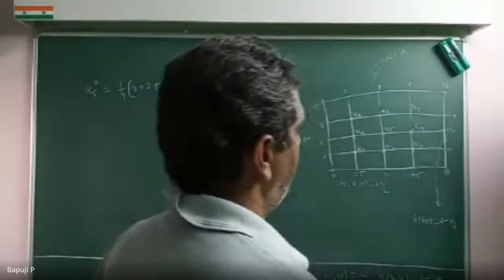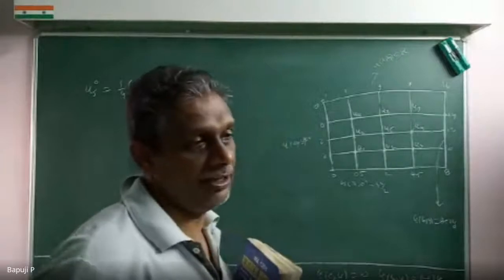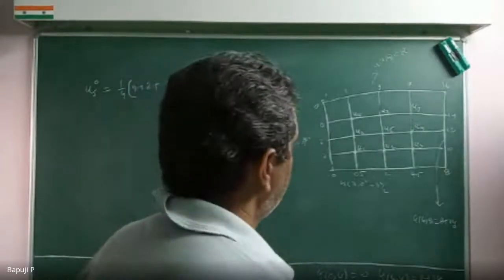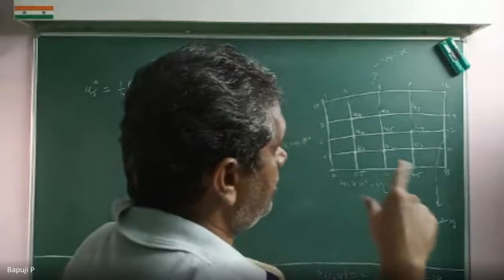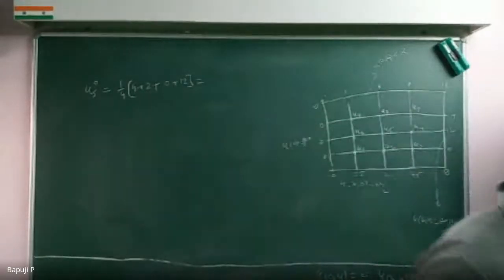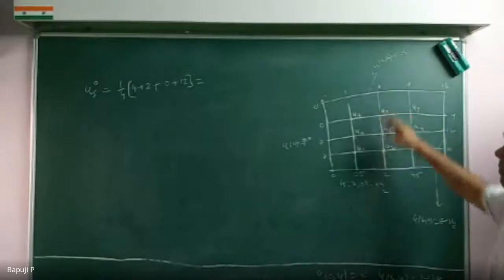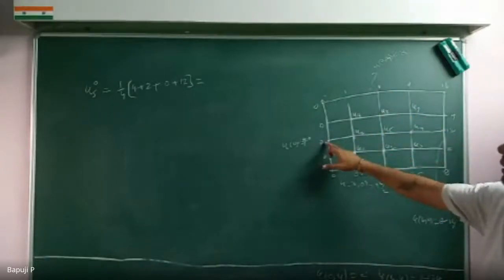Yes. First, one by one, I want to find the values using the standard 5-point formula or the diagonal 5-point formula. Suppose I know the surrounding 4 values, then I use either the standard 5-point formula or the diagonal 5-point formula. For u5, I will use the standard 5-point formula: 4 plus 2, this end and this end.